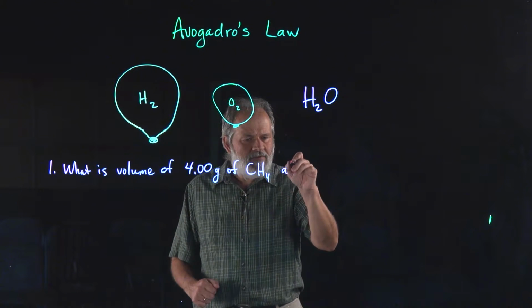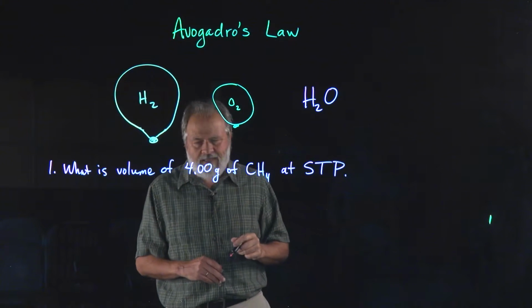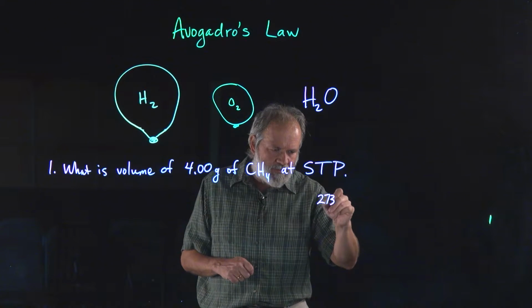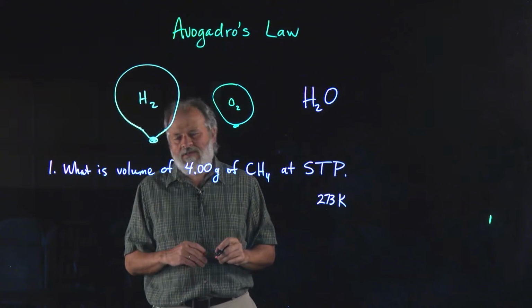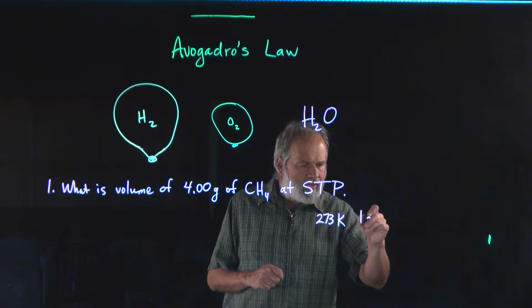But if you specify a standard temperature and pressure, which is abbreviated STP, the standard temperature is not room temperature, but it's 0 Celsius, 273 K, and the standard pressure is 1 atmosphere.